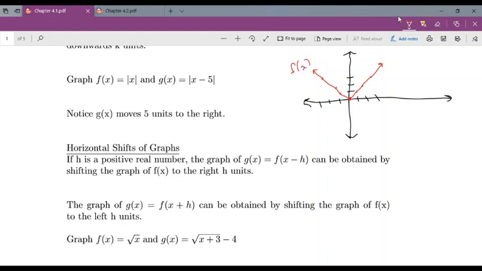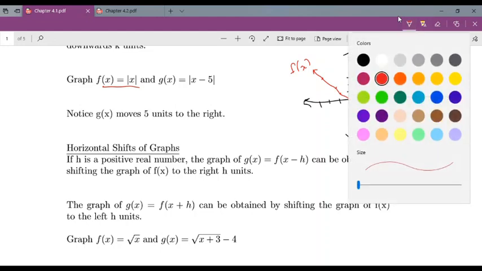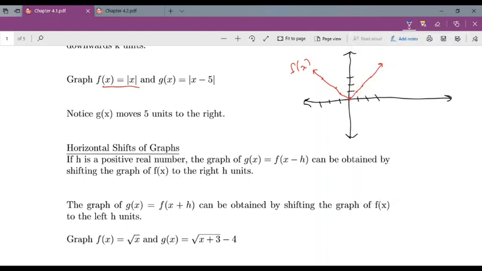Now if we graph our g of x function here, and I'll do that in blue, our g of x function is the absolute value of x minus 5. So if I start with -3 again, -3 minus 5 is -8. So -8 absolute value is +8.